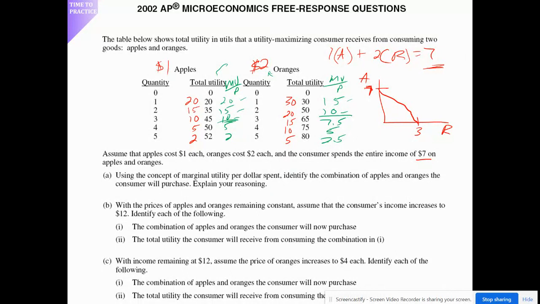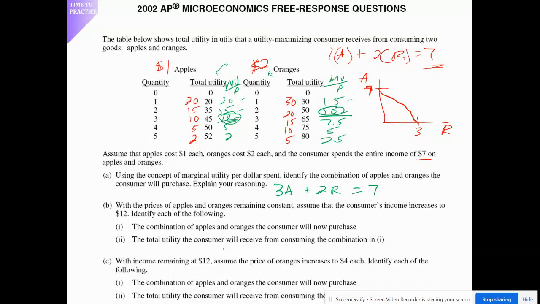So we're going to buy 3 apples and 2 oranges, and that will equal our $7. Because each apple's $1, that'd be $3, and each orange is $2, so that would be $4, and that would be our $7. That's because that's where the marginal utility is the same. So you'd have to state where the marginal utility here is the same.